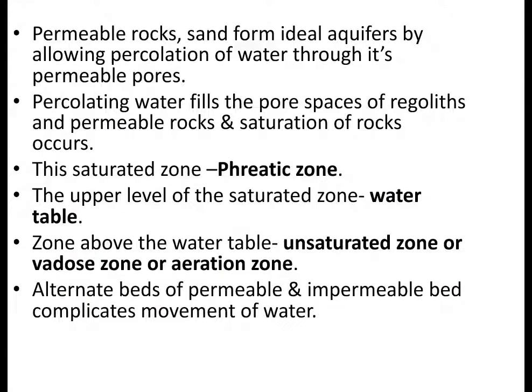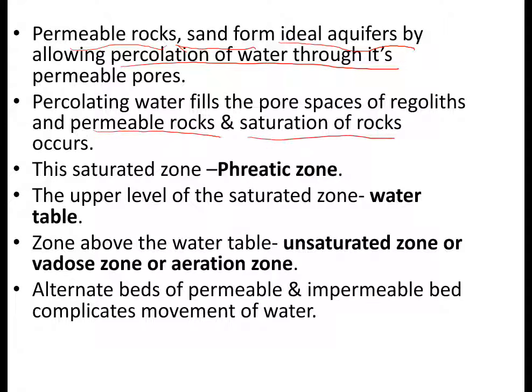Now let us understand some of the terminologies in groundwater. Permeable rocks and sand have more porosity. Depending upon that porosity, they act as ideal aquifers by allowing percolation of water through their permeable pores. Percolating water fills the pore spaces of regoliths and permeable rocks, and saturation of rocks occurs.